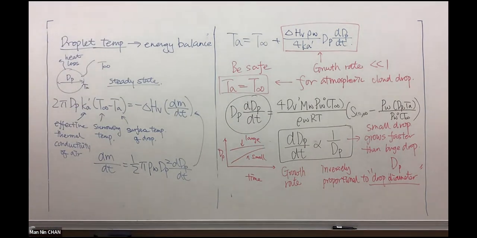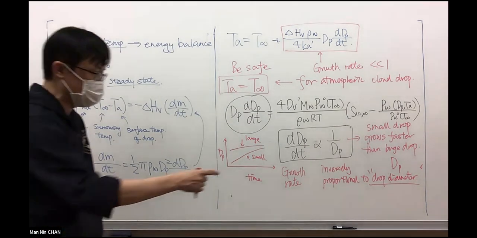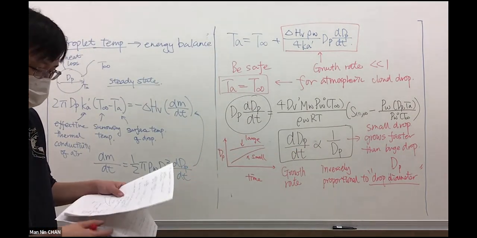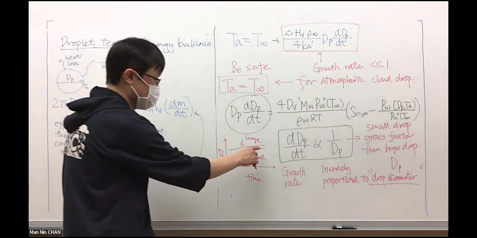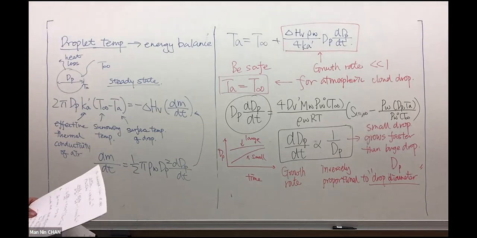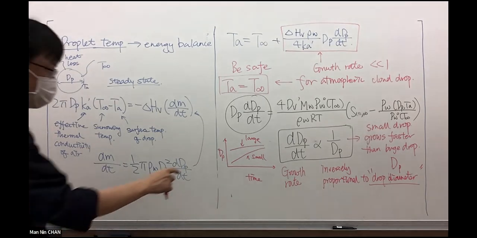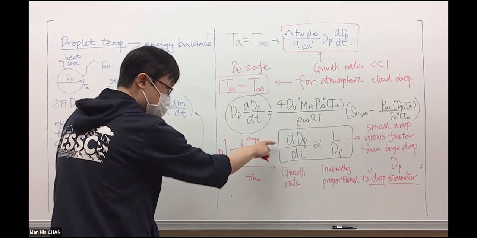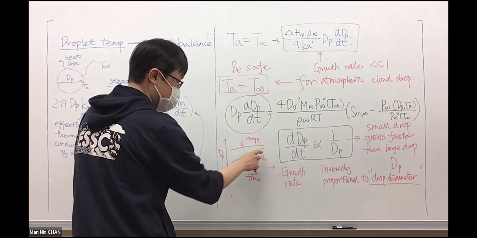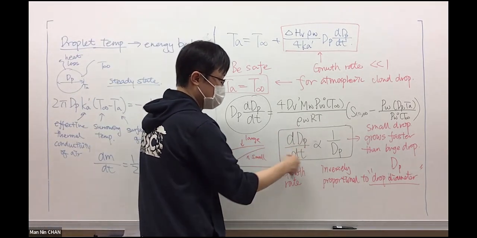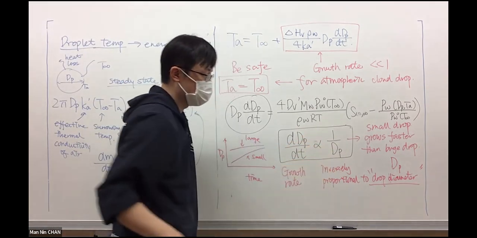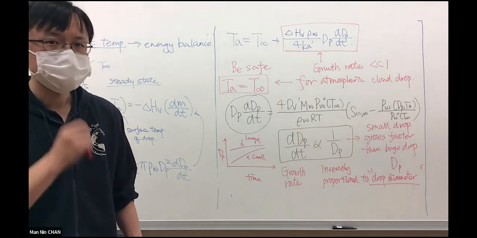You will find that your small drops grow faster than your larger droplets. And if given sufficient time, the smaller droplet can catch up in size, at the later stage of the growth. Because, as you can see here, the growth rate of the particle is inversely proportional to the particle diameter.